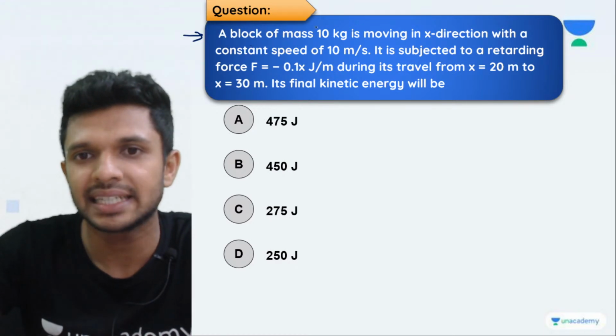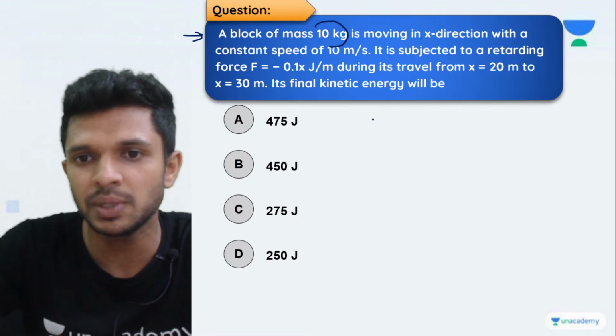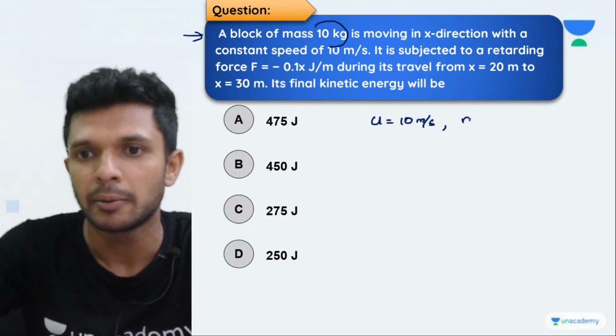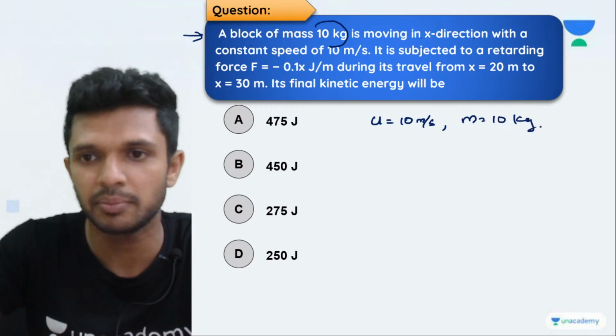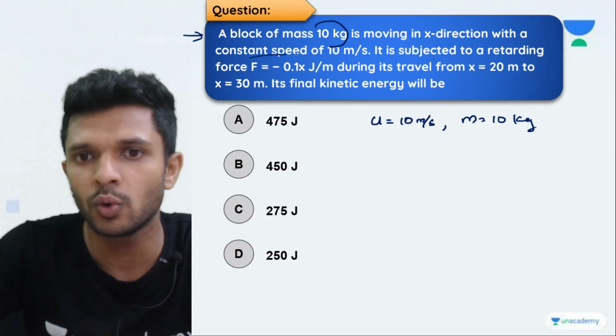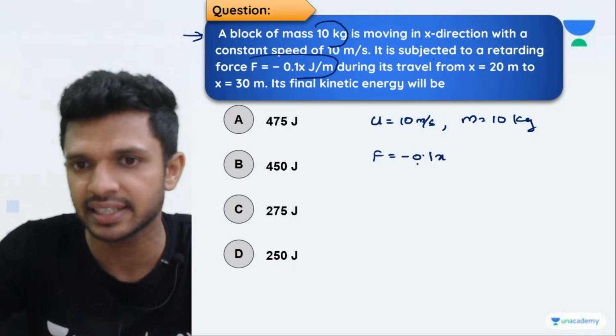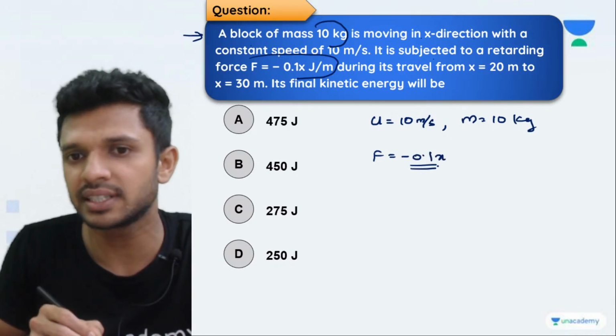A block of mass 10 kilogram is moving in x direction with a constant speed. So initial velocity is 10 meter per second, given. Mass is 10 kilogram, given. It is subjected to a retarding force. A force is given, minus 0.1x. What is x value?